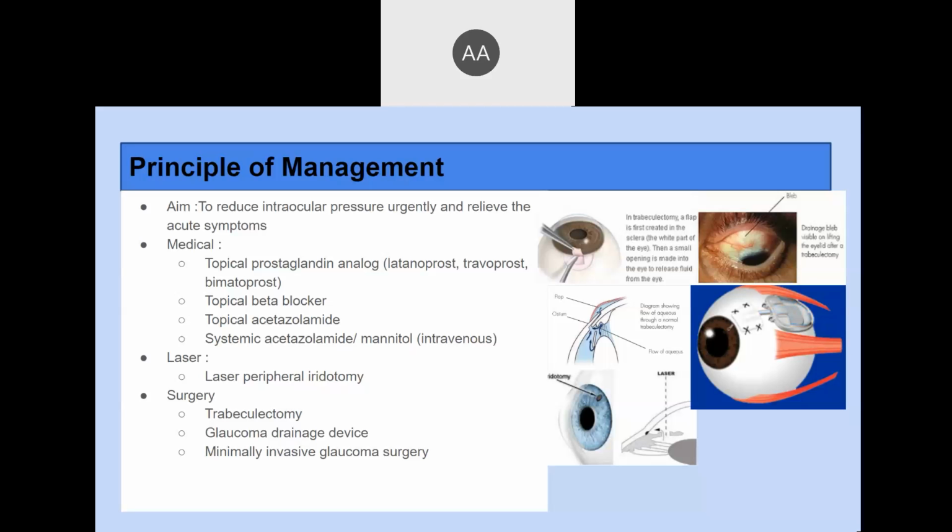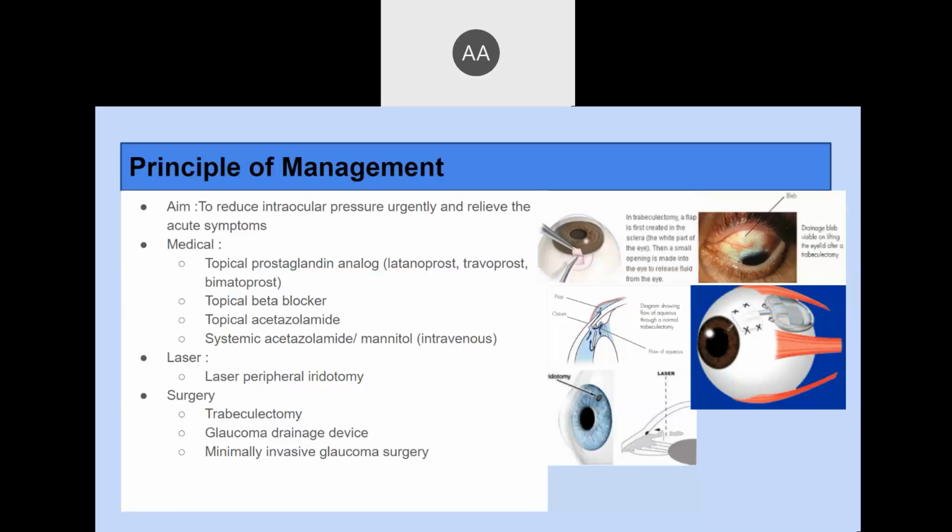As long as you bring this IOP down, sometimes we give IV systemic acetazolamide like IV Diamox. Bring this IOP down, clear this cornea, go in for laser peripheral iridotomy. And then you proceed on for the judgment of the long-term management of this eye. Ultimately, we need to protect this eye not to develop glaucoma and optic neuropathy, which eventually can be permanent. So this is the whole idea.